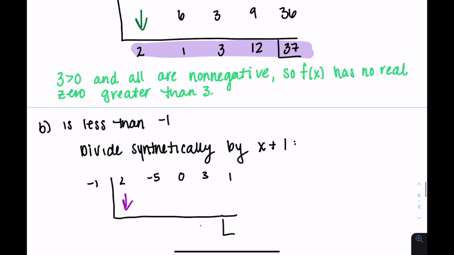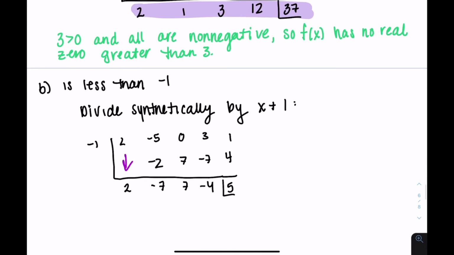Bring the 2 down, multiply by -1, add together, multiply by -1, add together, -1, add together, -1, add together. So now if you look, it goes positive, negative, positive, negative, positive. And the sign here is negative.